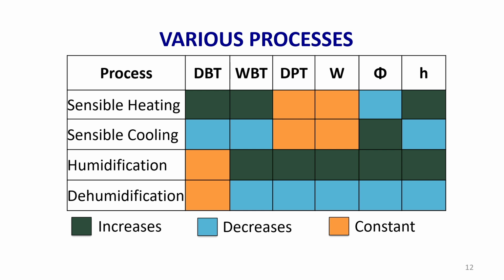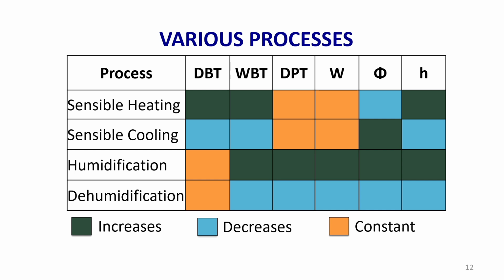If we extend the process line 1 to 2 towards the left side, there will be only 1 point, so it is constant. Specific humidity remains constant, relative humidity decreases, and enthalpy increases, because dry bulb temperature at 2 is more than 1. Sensible cooling, dry bulb and wet bulb is just opposite, decreases. Dew point and specific humidity remain constant.